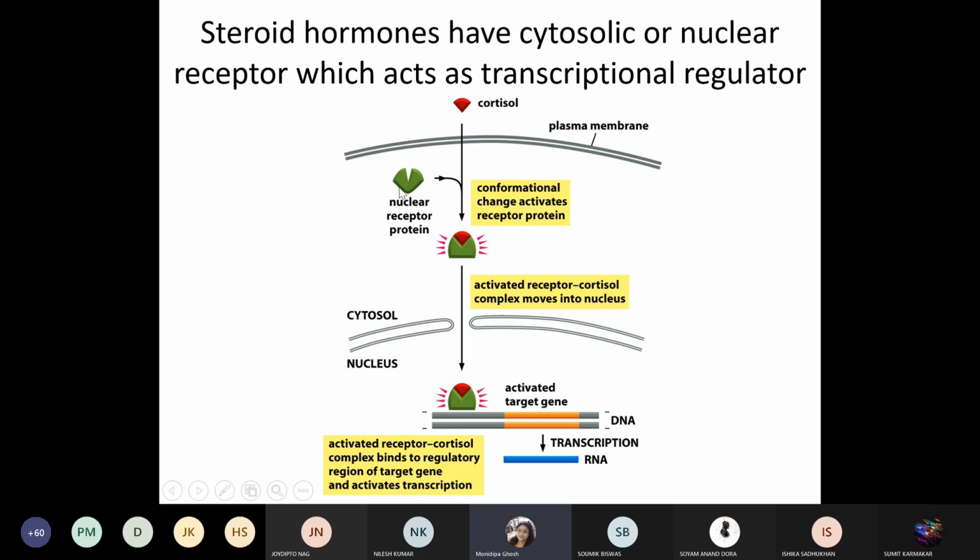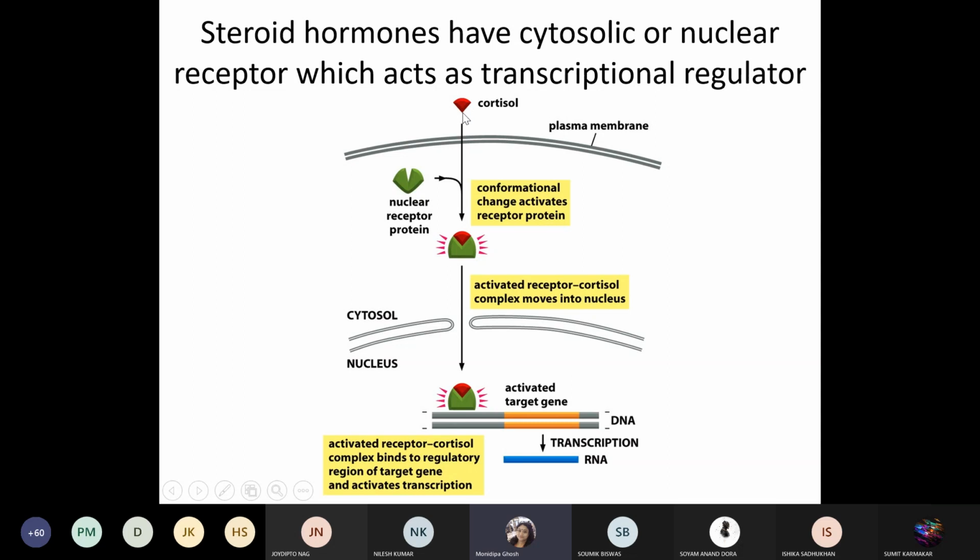So the cortisol has to pass through the plasma membrane, and inside the cell the nuclear receptor protein is there. This receptor protein recognizes a particular signaling molecule.